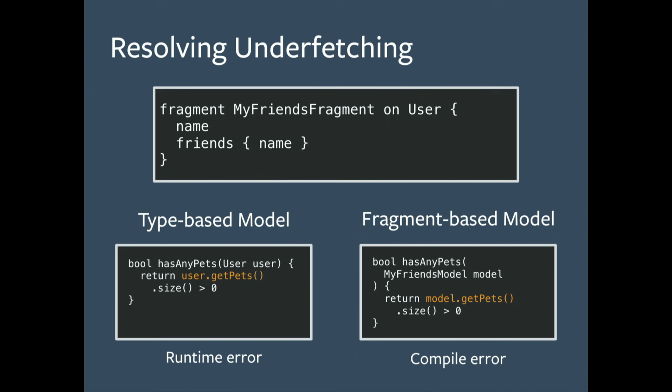So assuming the bottom code is the rendering code used in client-side, in type-based models, there's no way to catch this error unless this code gets into production and runs, only to find out that we didn't query for pets information. And in fragment-based model, we can catch this bug while the code is being compiled to run, since we haven't generated the getPets method because it wasn't queried.